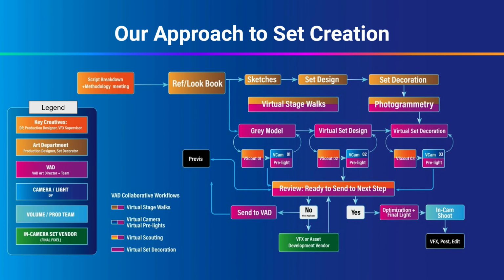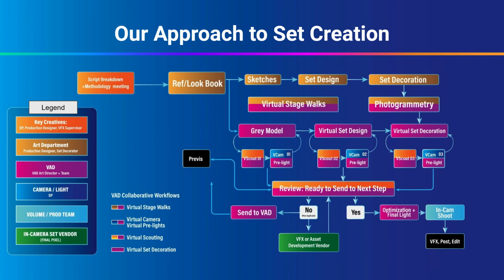We do it again at the virtual set design once we have it a little further, and we do it again in virtual set decoration. We see a lot of models from the gray model stage go straight into the stage, because sometimes it's mostly sky. Sometimes it's a prop that you could pull out in a week. And this is why we show this.